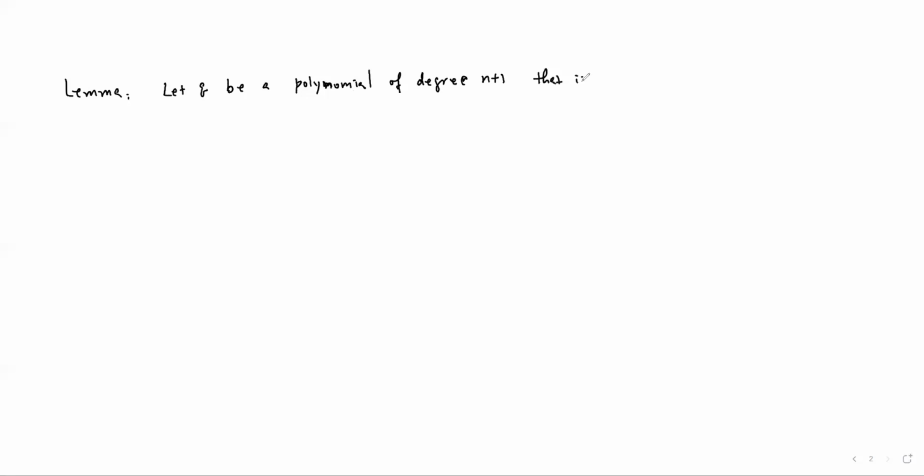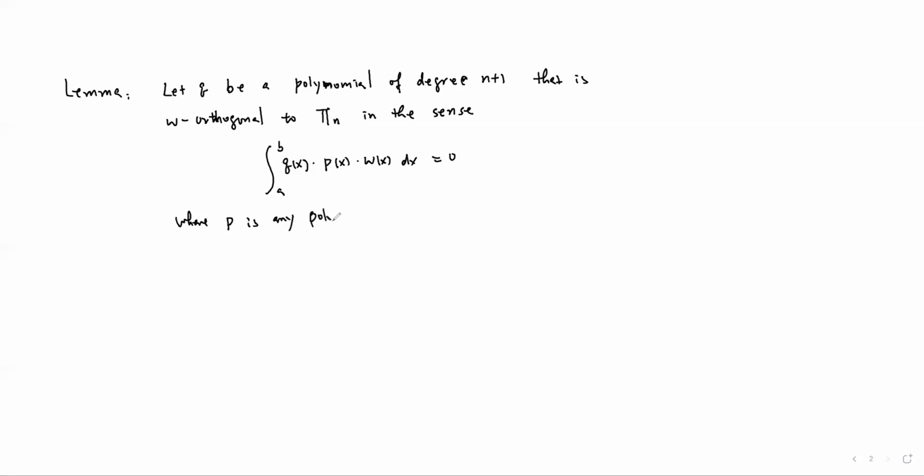Then this polynomial is W orthogonal to all the functions in this set, the set of all polynomials of degree not greater than n, in the following sense: the integral from A to B of Q times P times W is 0, where P is any polynomial in this set.